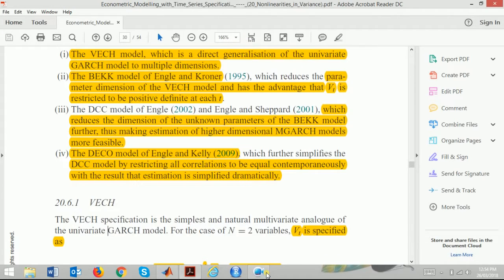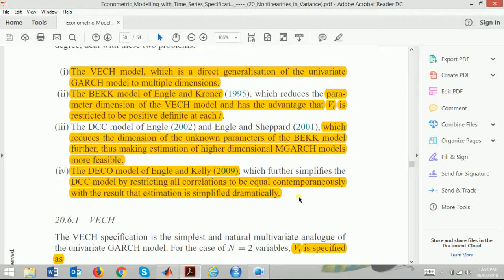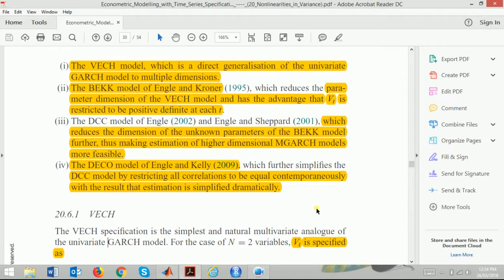Now we will turn our attention to an important discussion in the GARCH chapter, which is the multivariate GARCH model, and there are four types of multivariate GARCH models. The VEC model, which is a direct generalization of the univariate GARCH model to multiple dimensions.